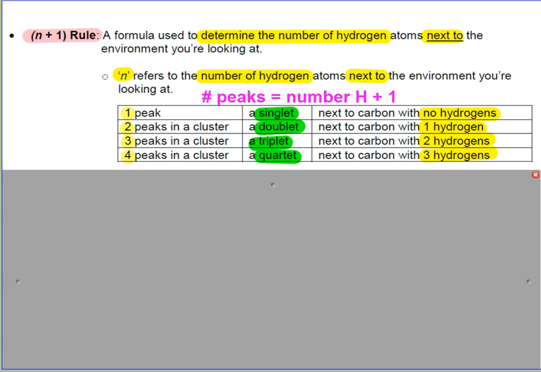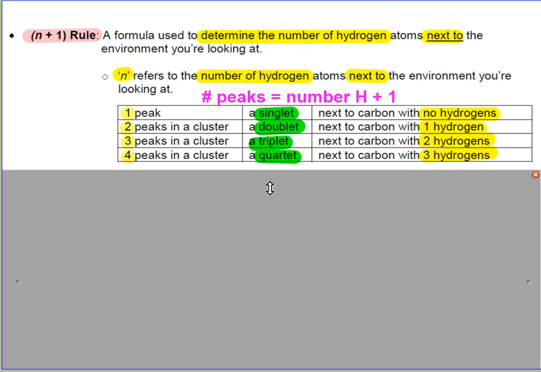Now, if you were examining a different environment that had a carbon next to it that only had 1 hydrogen, n+1 would produce a doublet. 2 peaks would be in that cluster. If you're next to a carbon that has 2 hydrogens, you get a triplet, again, n+1. If you're next to a carbon with 3 hydrogens, you get a quartet, and on and on and on. So the peak is always 1 more than the amount of hydrogens that are near it.